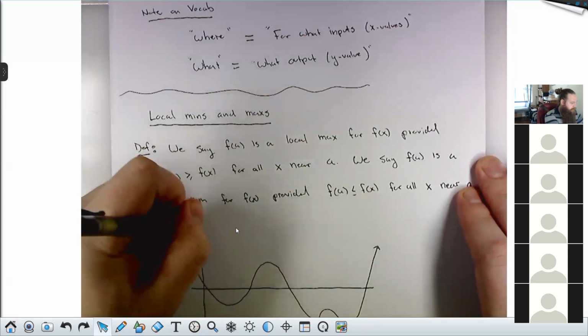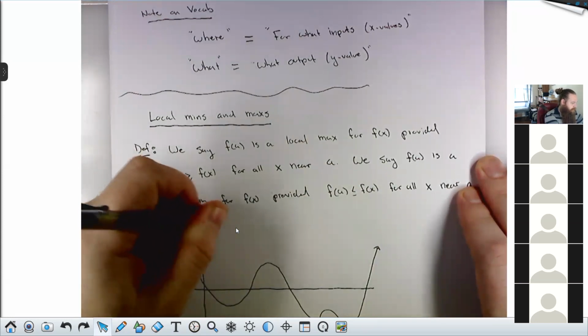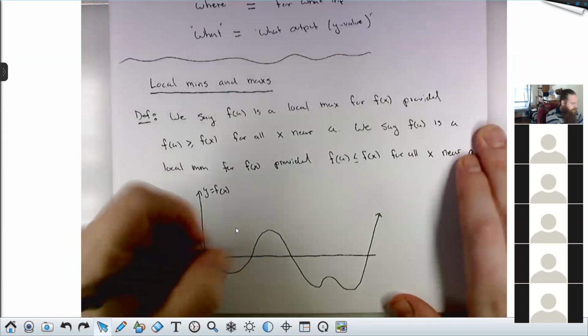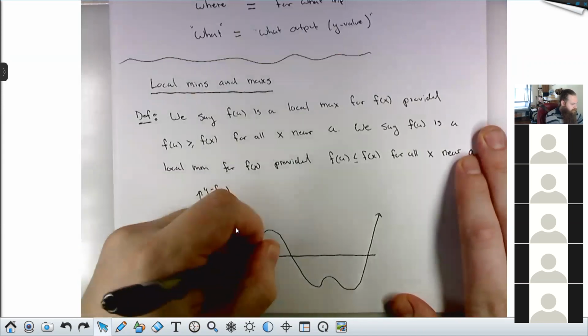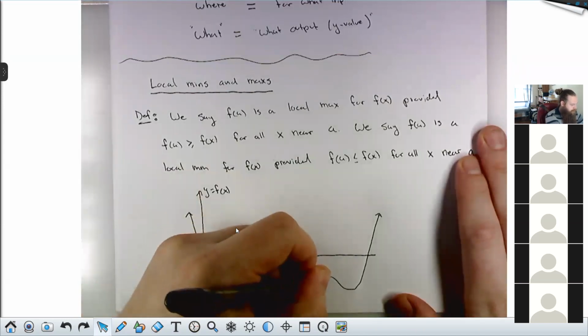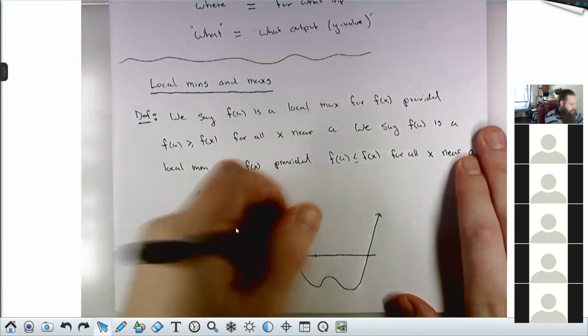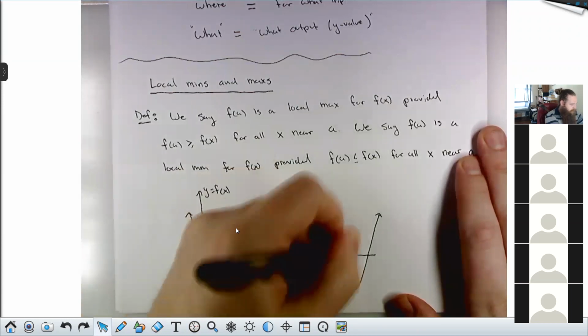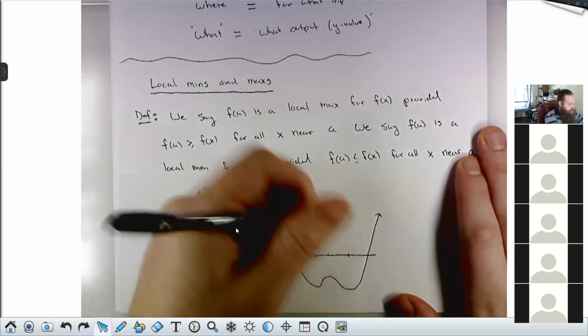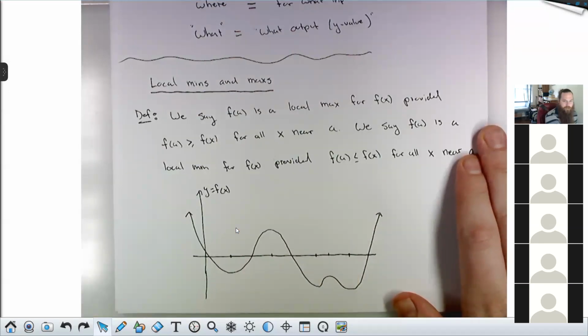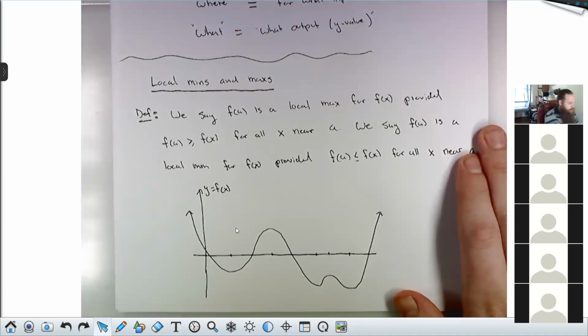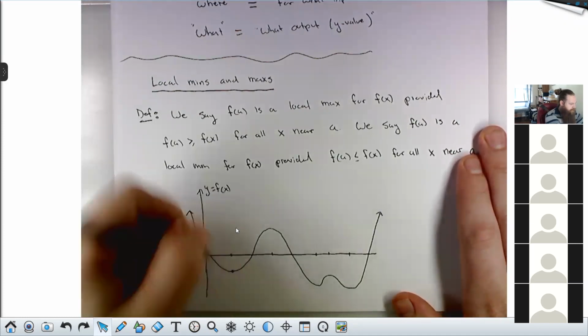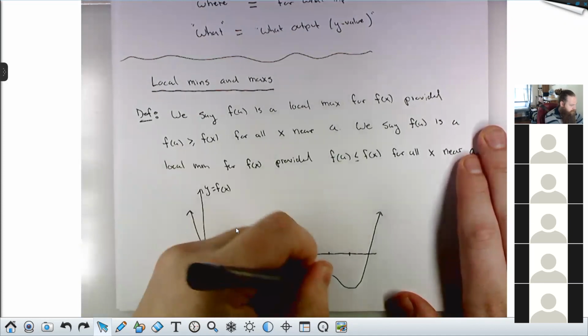So I have a graph, y equals f of x, looking something like this. And let me label each of these important points. I'll try to be less silly than I was yesterday when we did this.